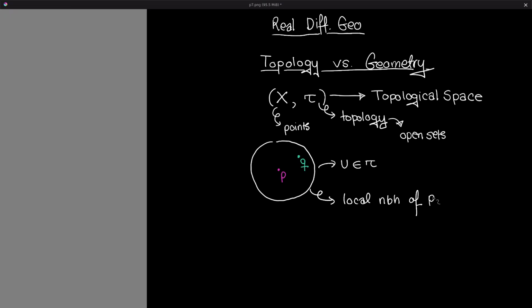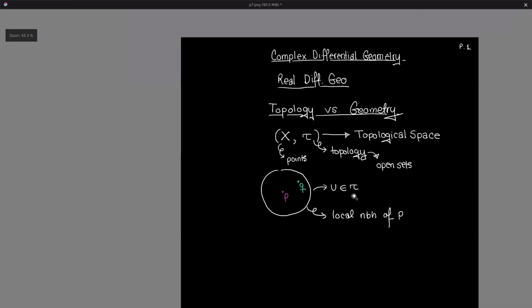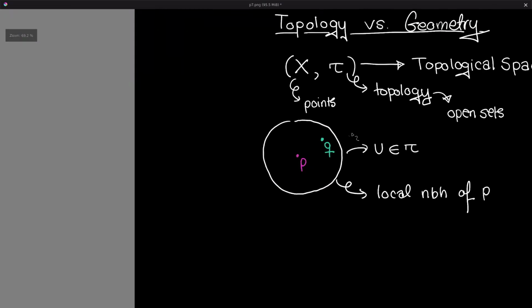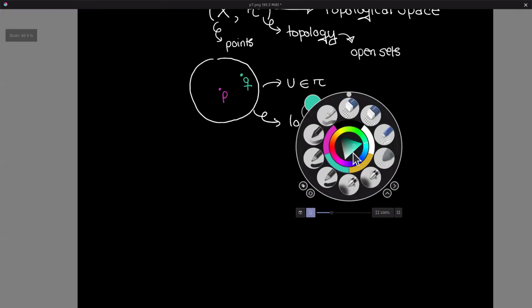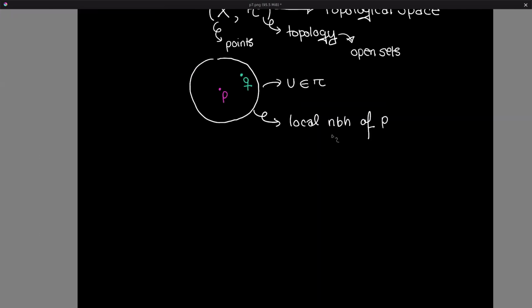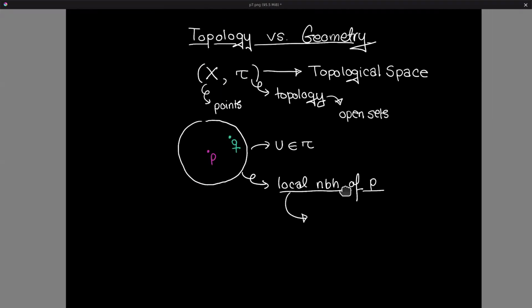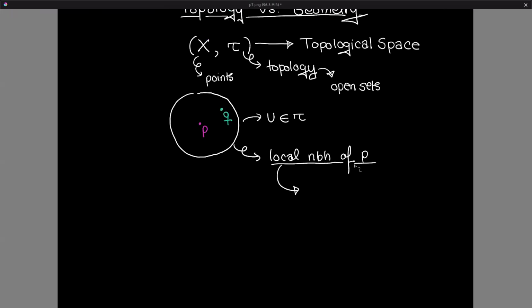So we don't need to think of these points as being close together or farther away from each other or something like that. And these local neighborhoods are very interesting. They allow us to define certain properties of this topological space.